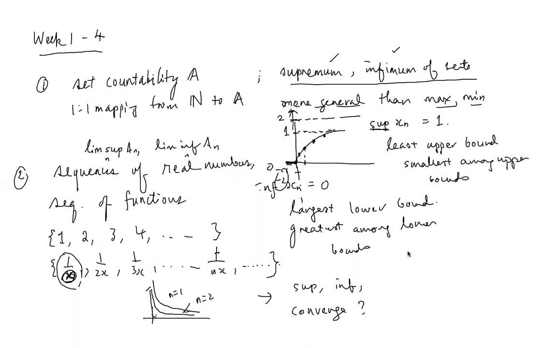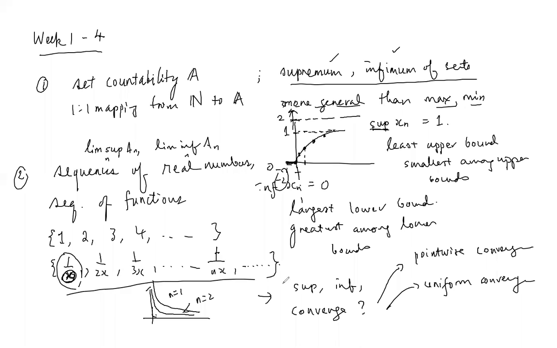For the convergence, we have ideas like pointwise convergence and uniform convergence, right? For sequences of functions. If you just have a sequence of real numbers, then there's only pointwise convergence, okay?